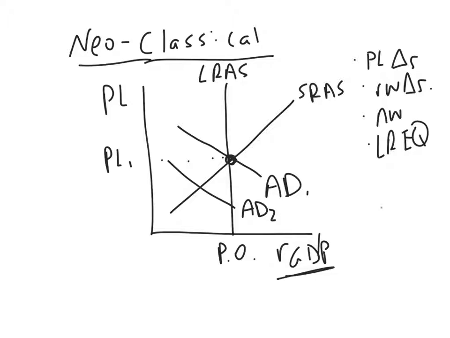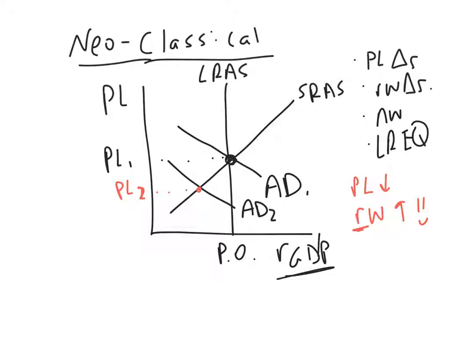Instead, what's going to happen is we notice that in the short run, price level is going to fall. So price level falls, and that causes real wages to change. The idea is that your paycheck hasn't changed, but how much does that really buy? So if you're getting paid $1,000 a month and prices fall, you're going to notice that your real wages go up, and you're going to feel richer without having a bigger paycheck.